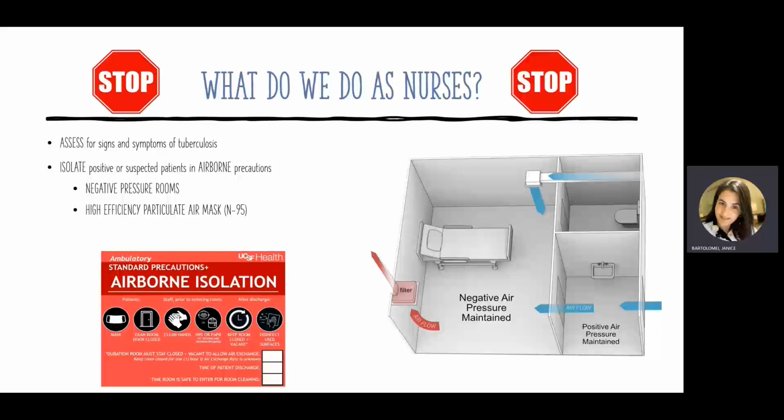It doesn't let the air come out of the room. The air is sucked into the room and expelled out through the vents. Why? Because the bacteria doesn't like ultraviolet or heat. That is why it's in a negative pressure room.